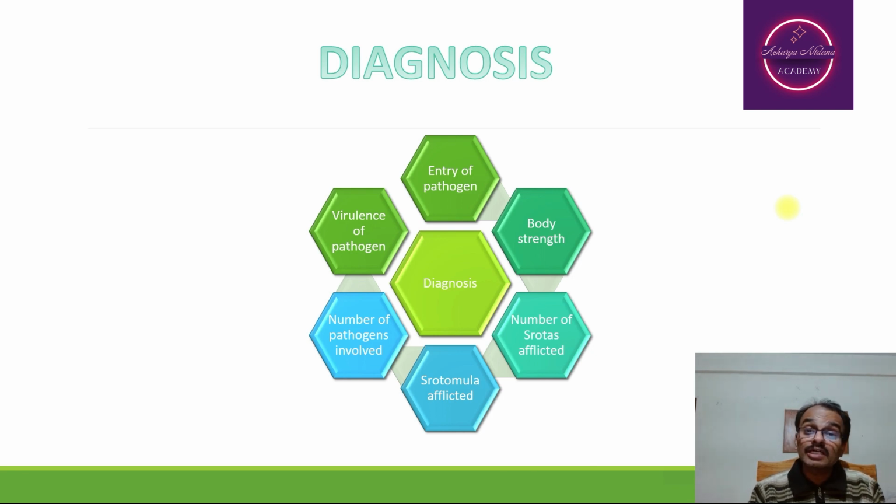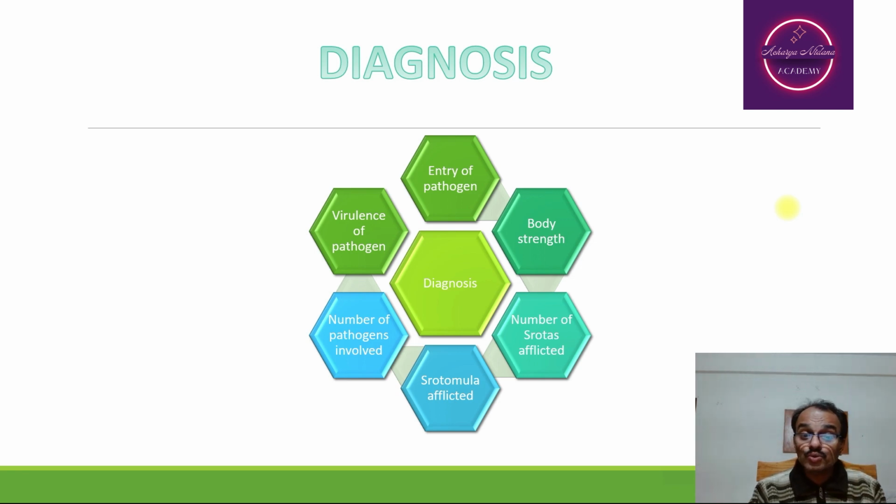It is also said that Medas is the Srotomula of Asthivaha Srotas and Svedavaha Srotas. So in due course of time there may be a possibility of affliction of Asthivaha Srotas as well as Svedavaha Srotas also. So in that particular situation, the diagnosis of a disease is of utmost importance.